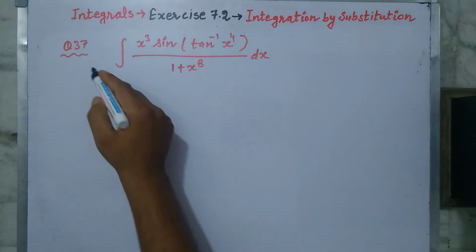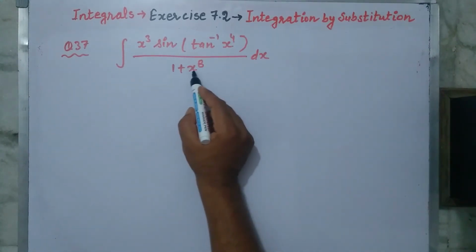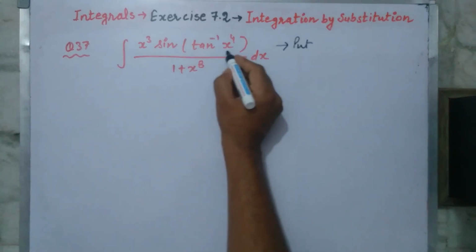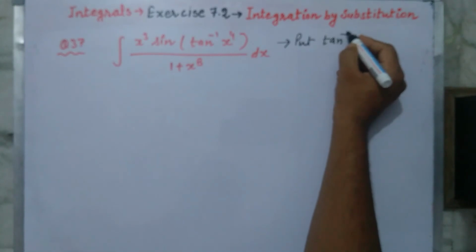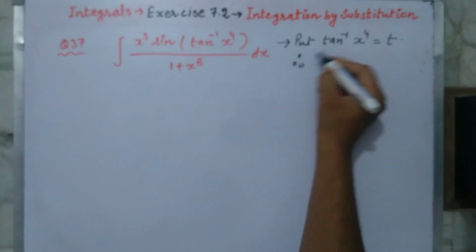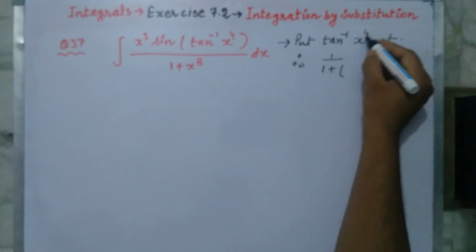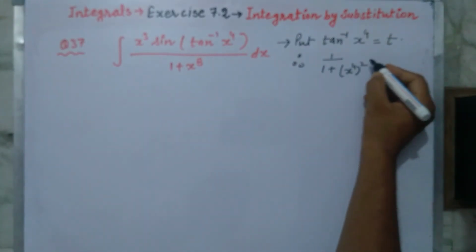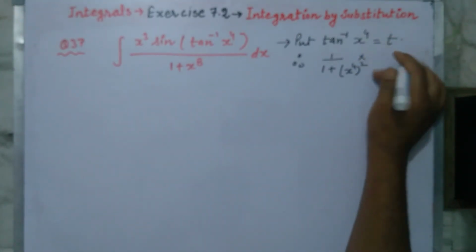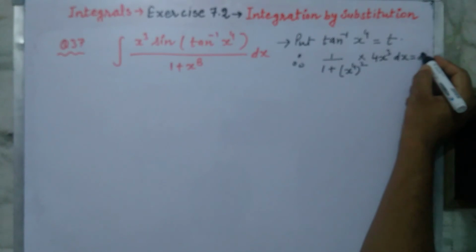Last question, question number 37. X power 3 sine of tangent inverse x power 4 upon 1 plus x power 8 dx. So here we put the whole bracket, tangent inverse of x raised to power 4, equal to t. So differentiating with respect to x, this derivative is 1 upon 1 plus x power 4 whole square, into derivative of x raised to power 4, which is 4x power 3, into dx is equal to dt.